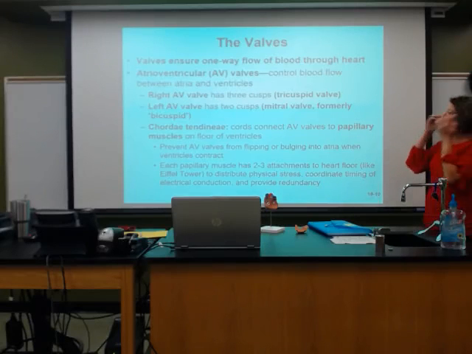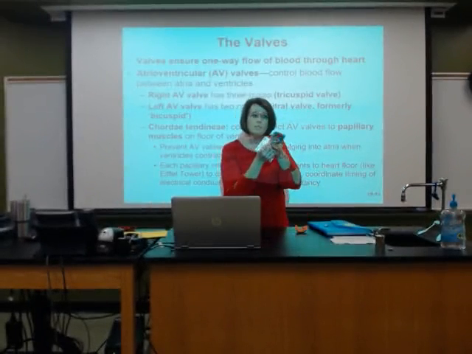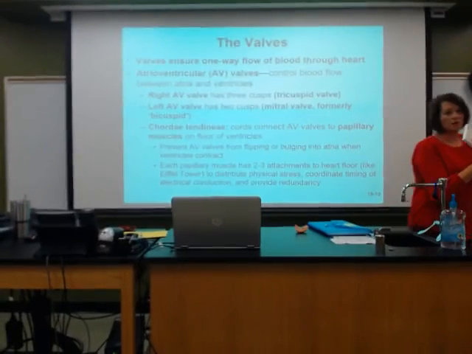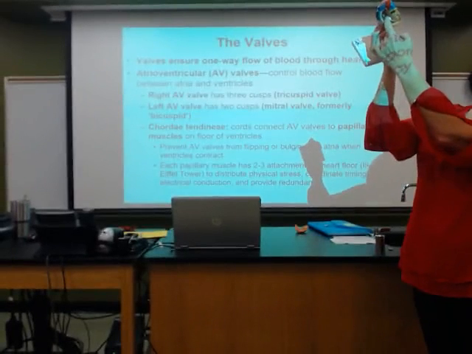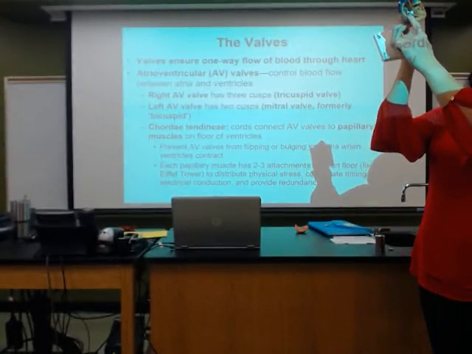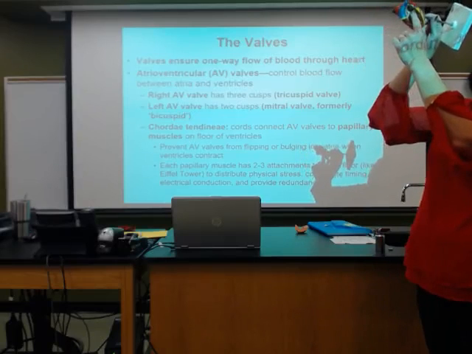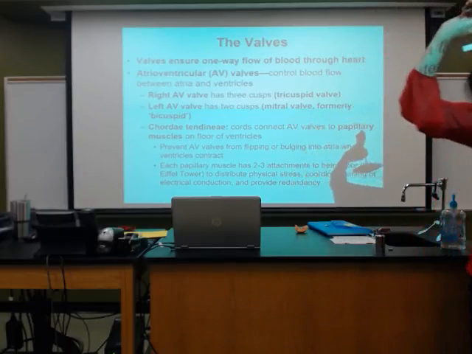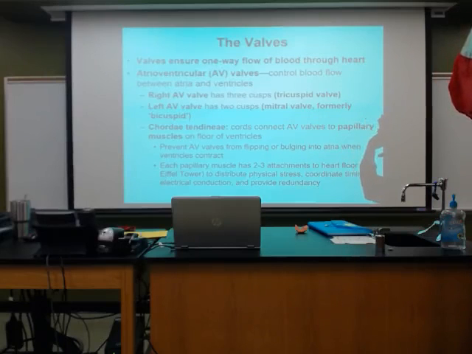Now, that tells me my right, and they're trying to represent it with these little pieces of just like paper. The right is the tri, the left is the bicuspid. But do you see something kind of extending off of those?